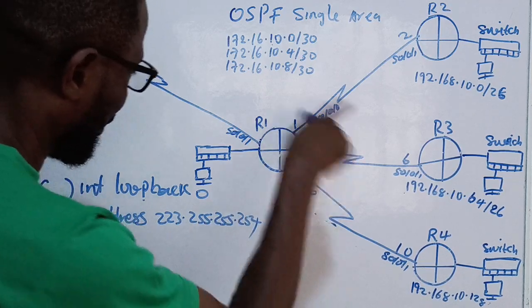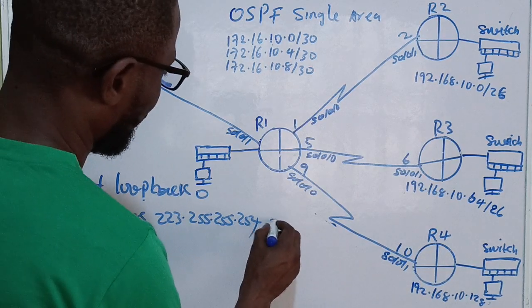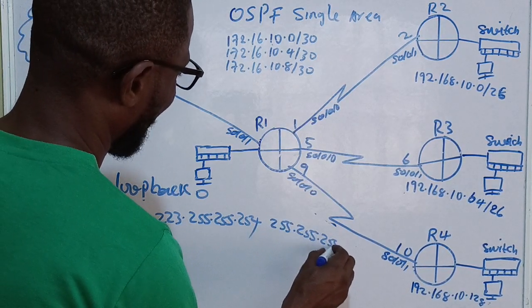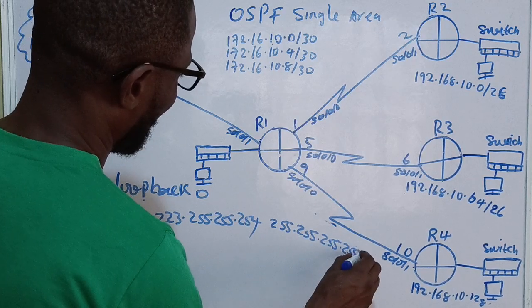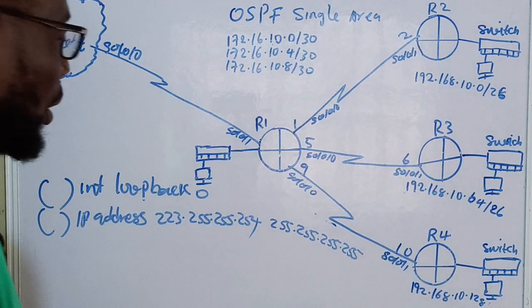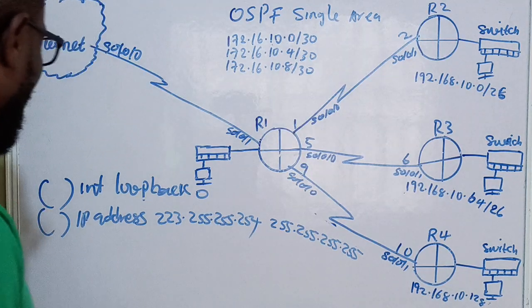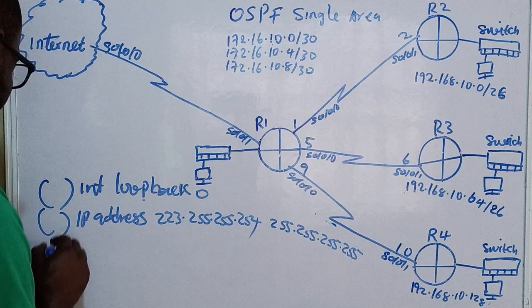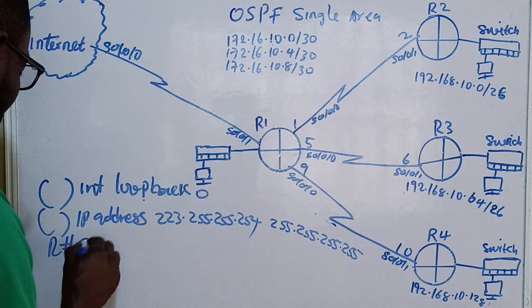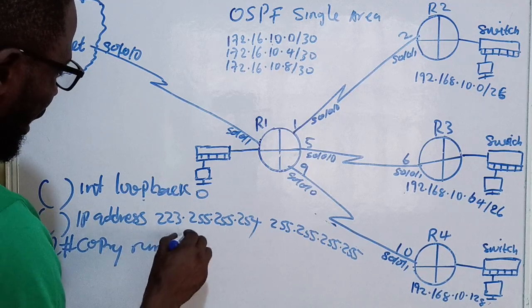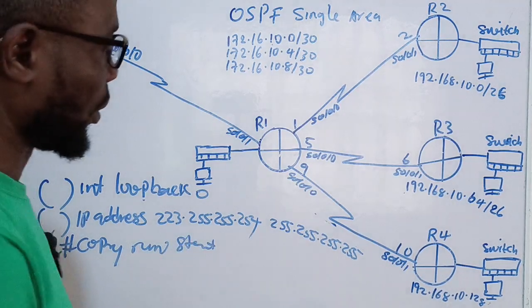This is the highest IP address within here. Then 255.255.255.255, you can assign a 32-bit subnet mask. You hit enter. Exit to come to the router's privilege mode, where you can copy run start to save your configuration.